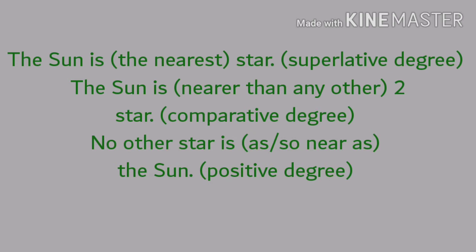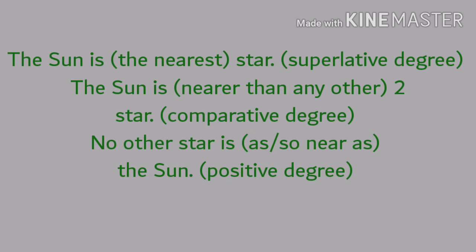And in order to frame the positive degree, we have to start with no other. We have to start with no other, and then add the word or words that come after the superlative degree or any other. So in the first sentence, the superlative word is nearest.